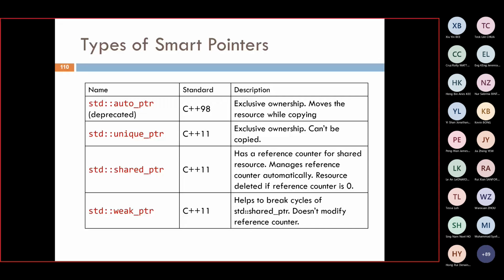Right? Two guys pointing to the same thing inadvertently, and one guy deletes and the other guy doesn't know anything about the first person deleting, and so we have a problem. So I'm going to talk about those in a little bit more detail today.